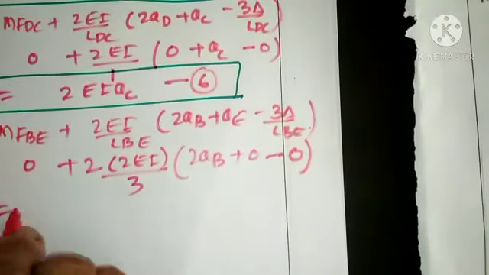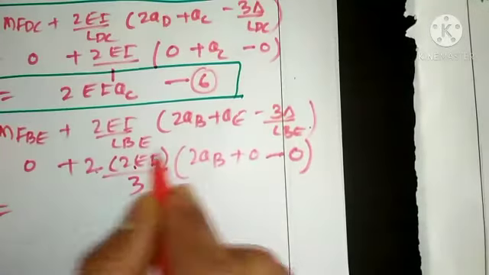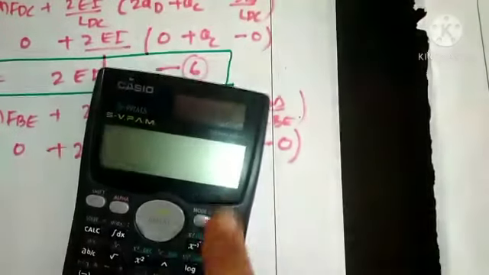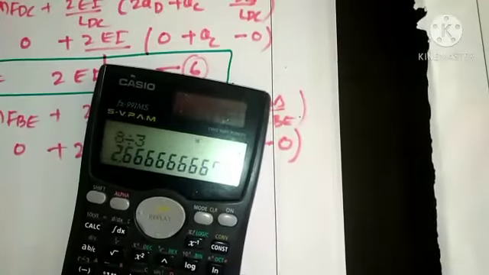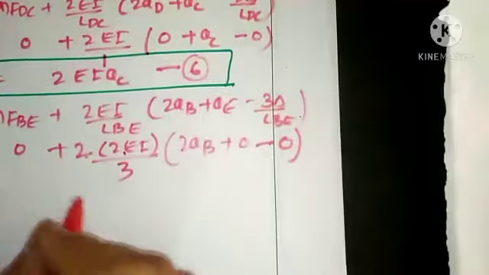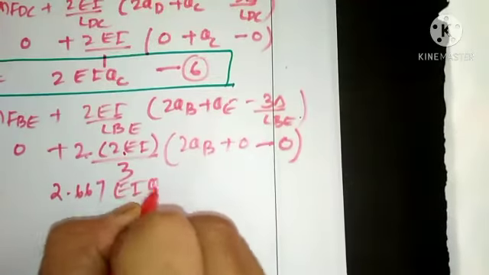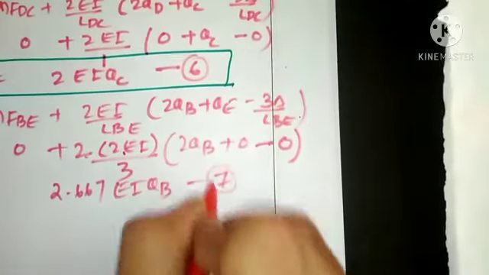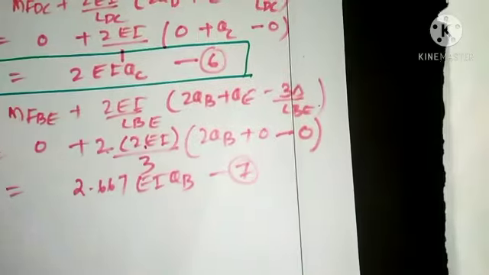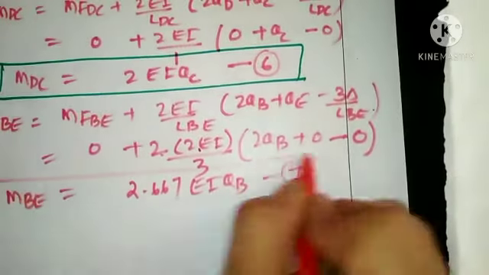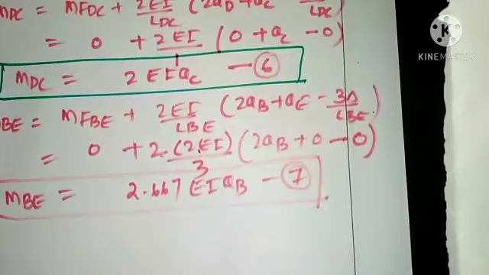So this equation will be 2 into 2 becomes 4, 4 into 2 will be 8. So 8 divided by 3 comes as 2.667. So this will be 2.667EI theta B, equation number 7. So this is MBE. Mark this equation as equation number 7.